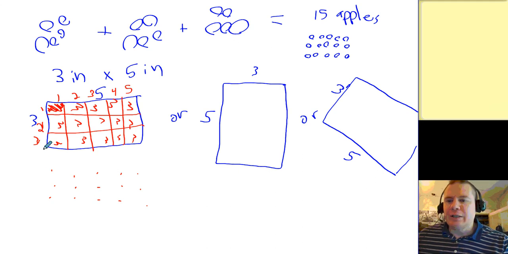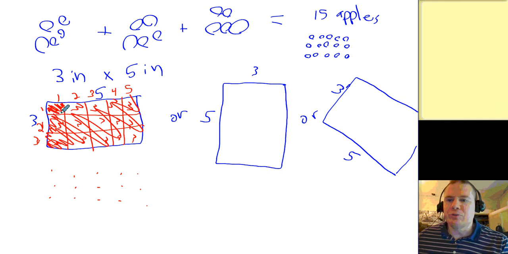Here, if this last inch is a little bit less than a whole inch, then it doesn't count as 3 inches, right? I'm not just counting discrete squares, I'm counting up the entire area of the whole rectangle. That's not me scratching out, that's me shading in.